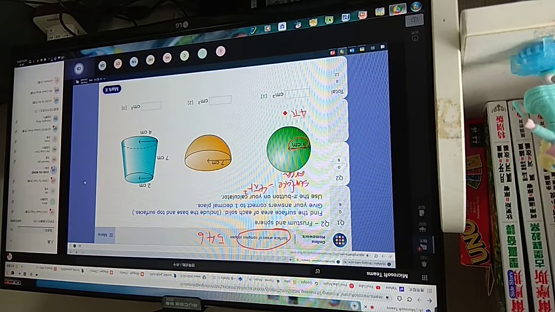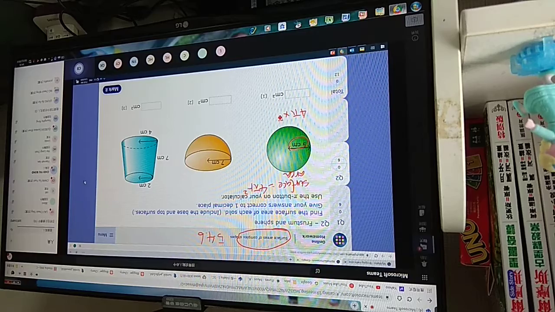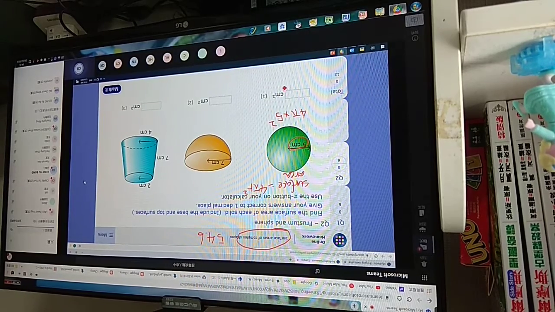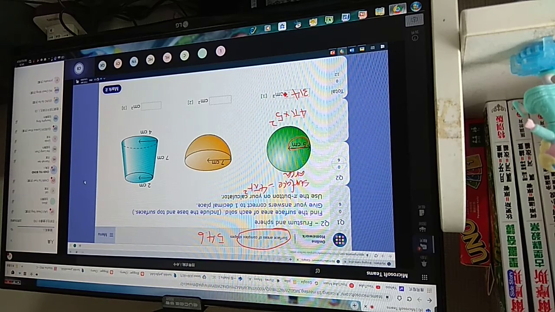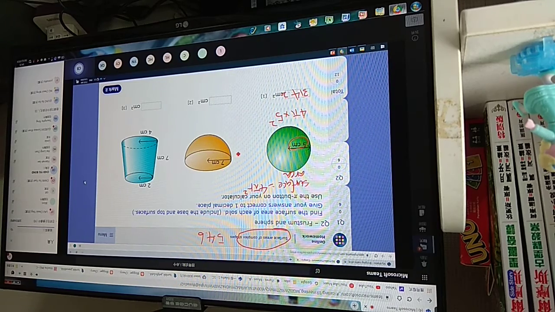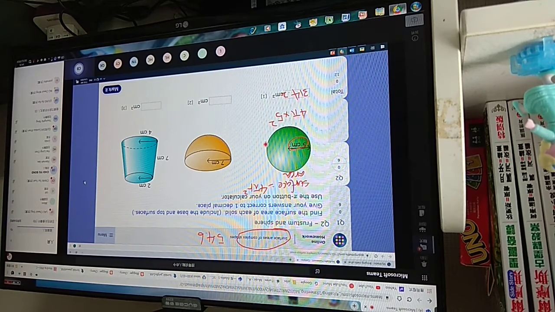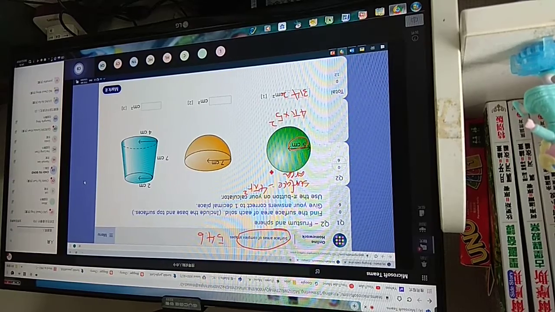The total surface area will be 4 pi times r squared, that is 5 squared times 4 times pi, which is 314.2 cm squared, not cm cubed. Because the unit for area is cm squared.